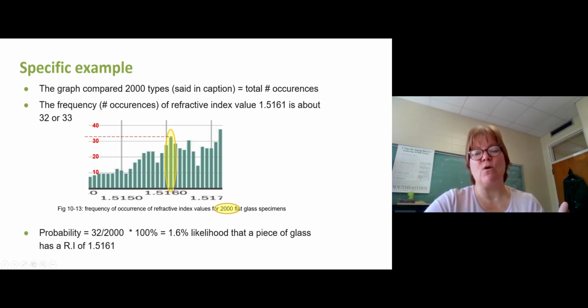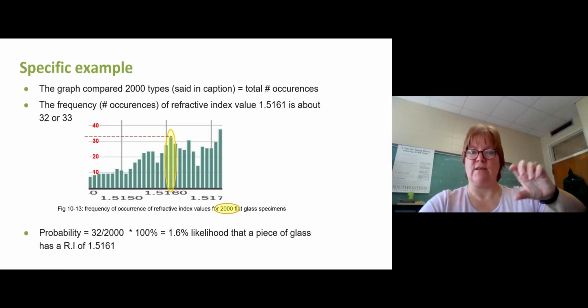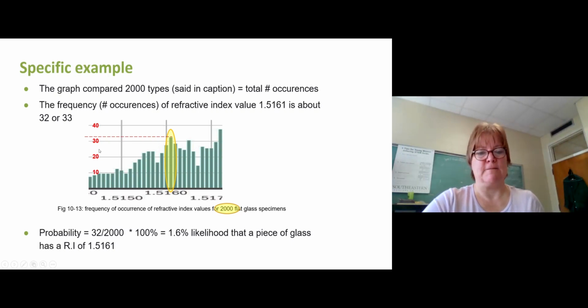Then I need to find how many times 1.5161 occurred. I'm looking at this, and I have to back it up. No, this is 30, this is 40. In this particular case, I'd have to estimate off of a graph that it's 32 or 33. It's definitely less than 35, between 30 and 35, and about a quarter of the way up, so 32 or 33 would be a good guess.